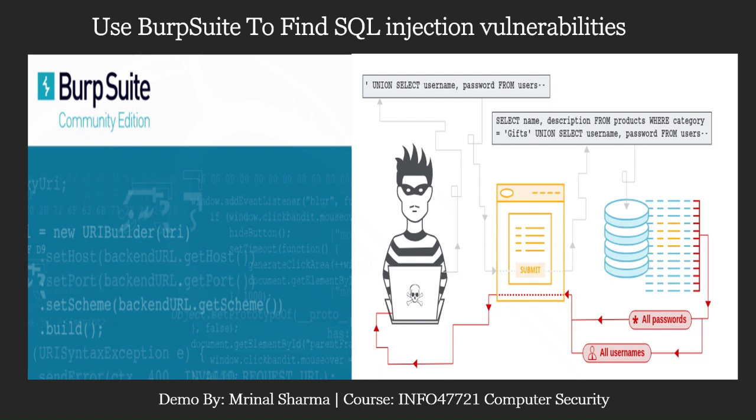It's nothing but a web security vulnerability, which essentially allows an attacker to interfere with the queries that an application makes to its database. So this can allow an attacker to view the data they are not normally able to retrieve as a consumer of this product, for example.